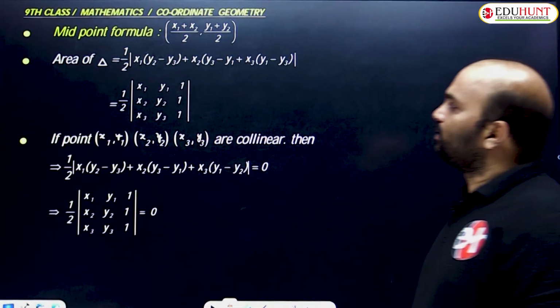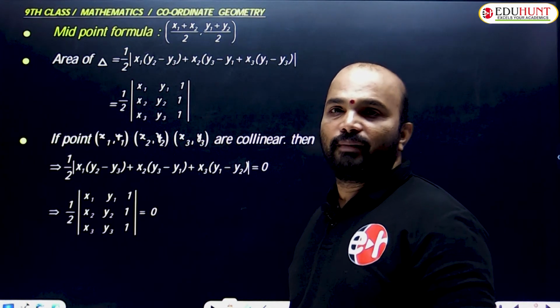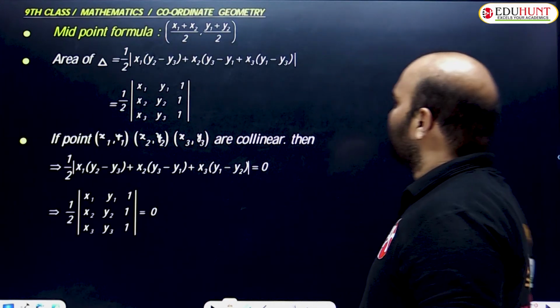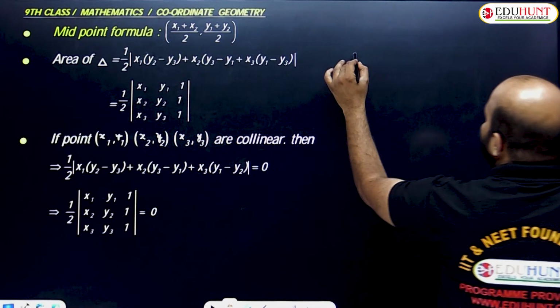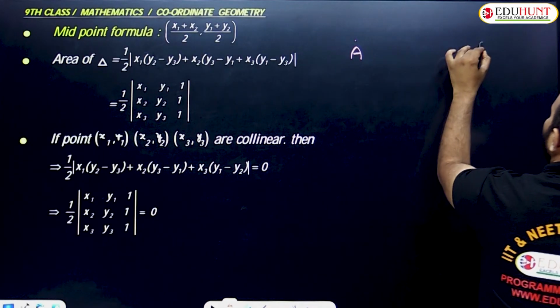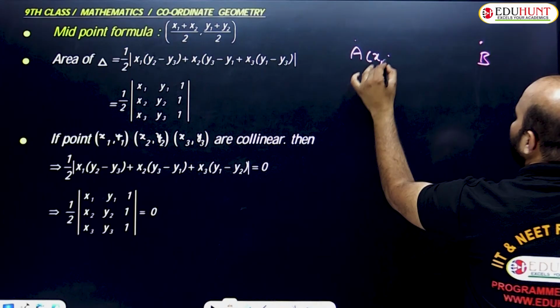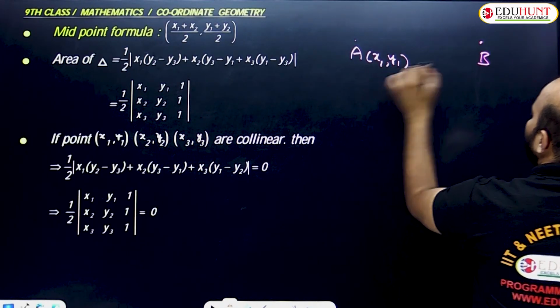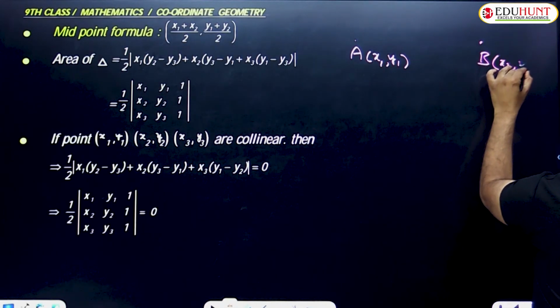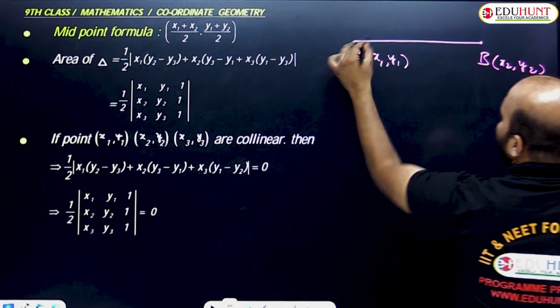So let us go to the midpoint. How to define the midpoint? For example, two points are given in a plane, A and B. A coordinates are x1 comma y1, B coordinates are x2 comma y2. What is the distance between A and B?